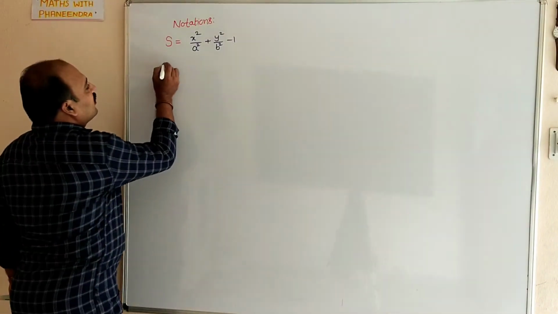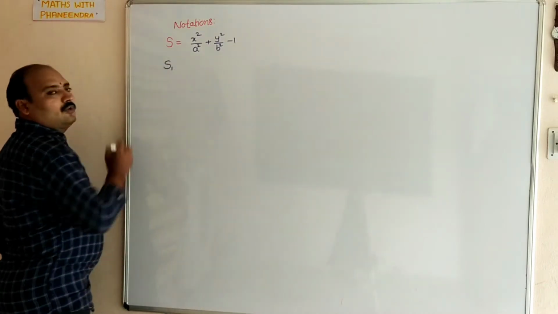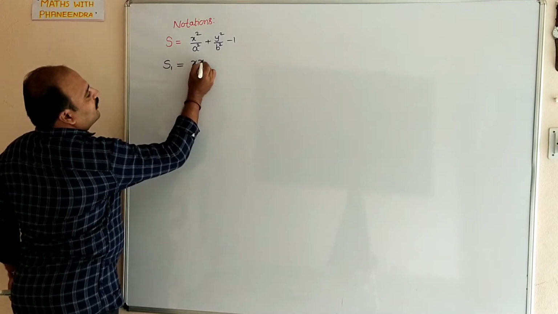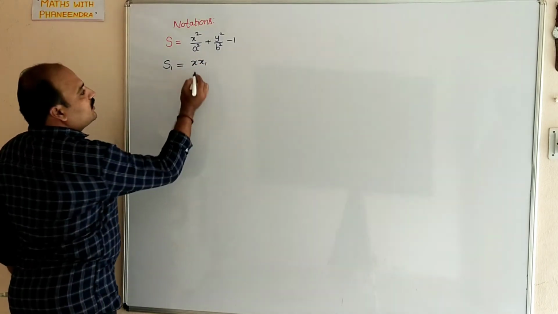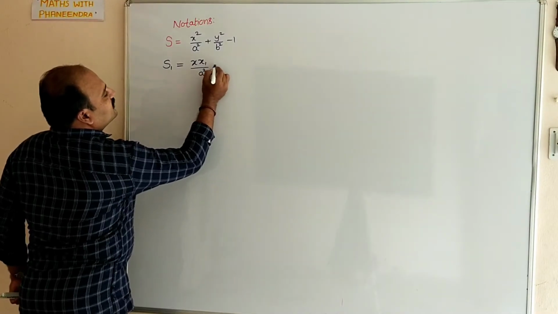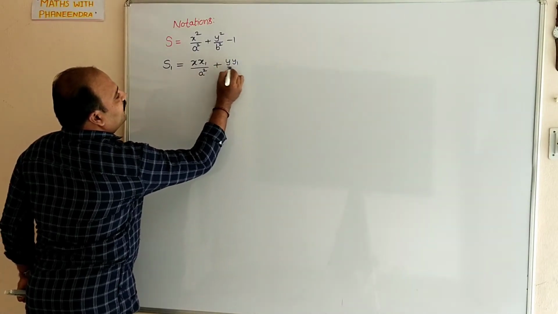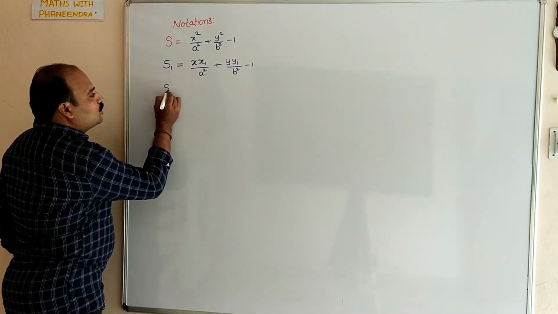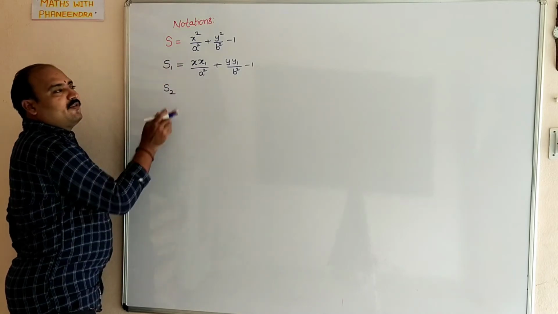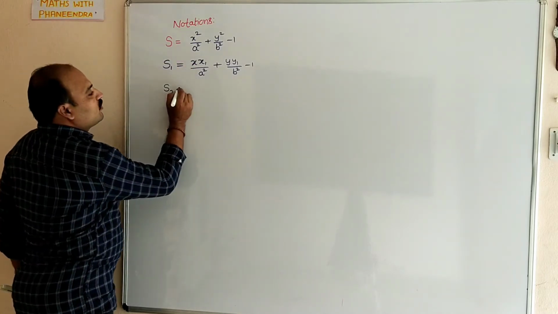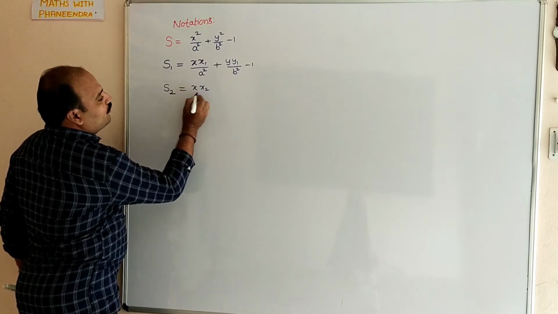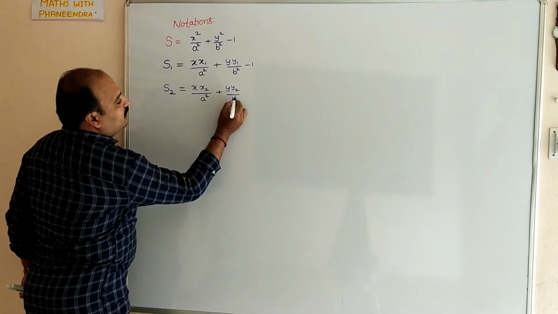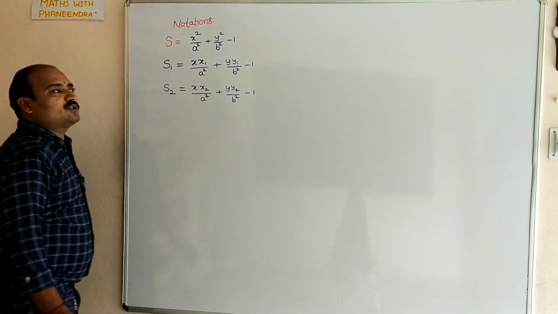And S1, the meaning of the notation S1 is, in place of x square, xx1 by a square, in place of y square, yy1 by b square minus 1. Suppose you want to write S2, in the above S1, wherever 1 is there, you have to replace it with 2. So it will become xx2 by a square plus yy2 by b square minus 1.